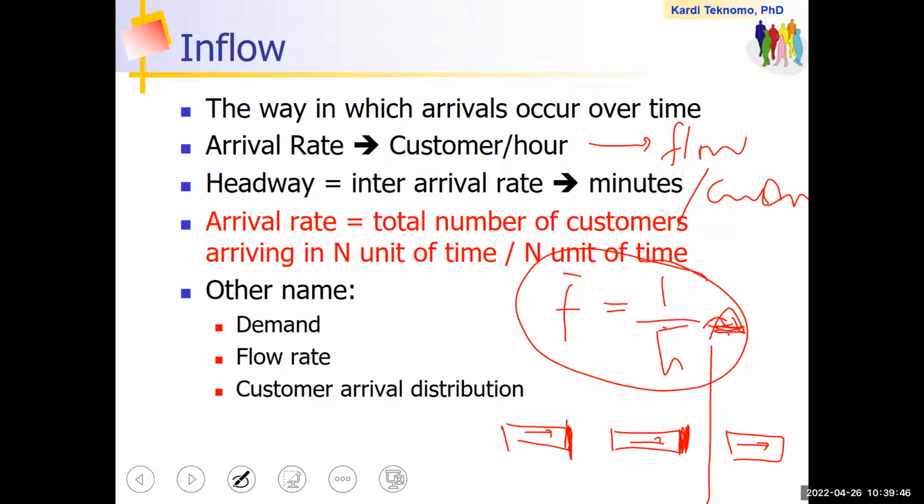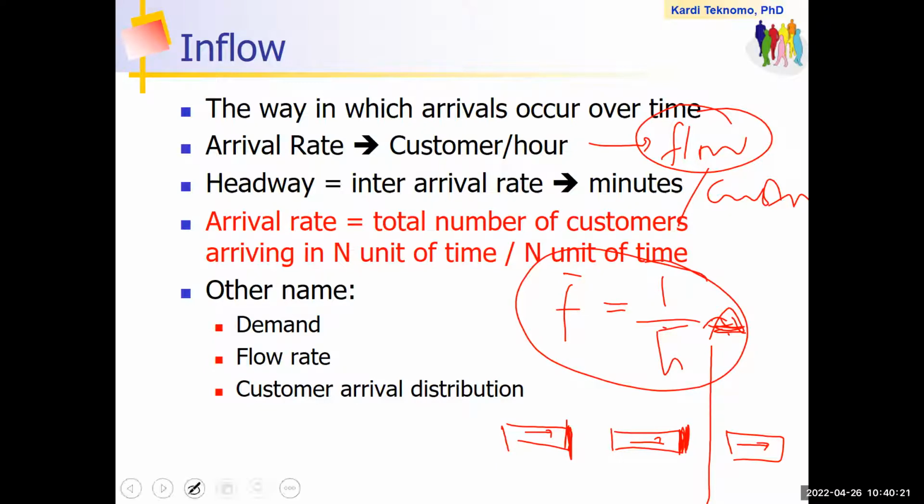When you measure the flow and the distribution is Poisson, then the headway is exponential. That's why earlier I said we call it Markovian, because the Poisson distribution and the exponential distribution are just reciprocal.